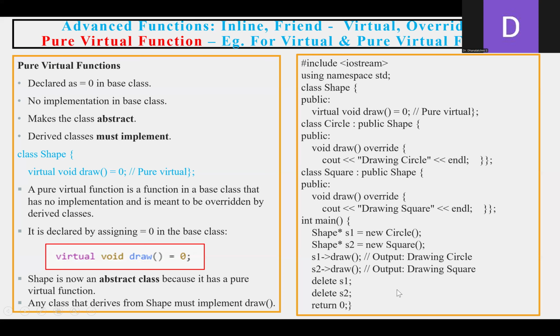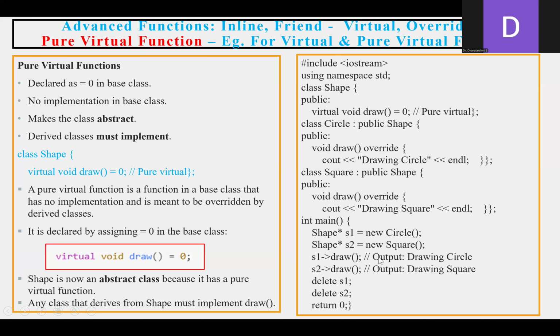Now let's come to the main function. I create two pointers of type shape, s1 pointing to a new circle object and s2 pointing to a new square object.